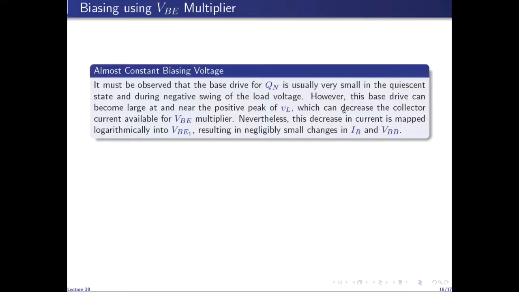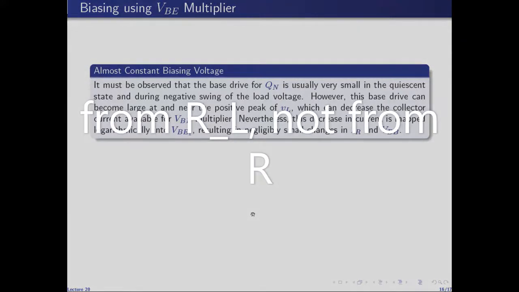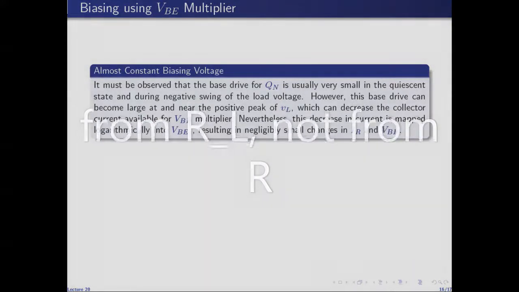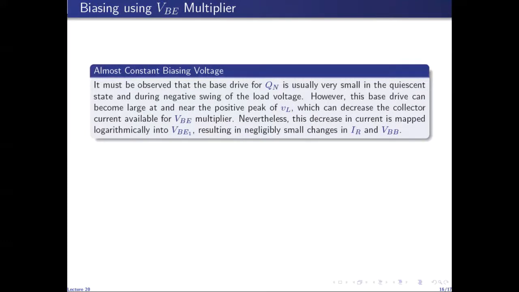Plus, when the load voltage is swinging in the negative direction, then the conduction is provided by QP. So QP is pulling the load current from R. Q1 is not conducting for negative values of the load voltage.